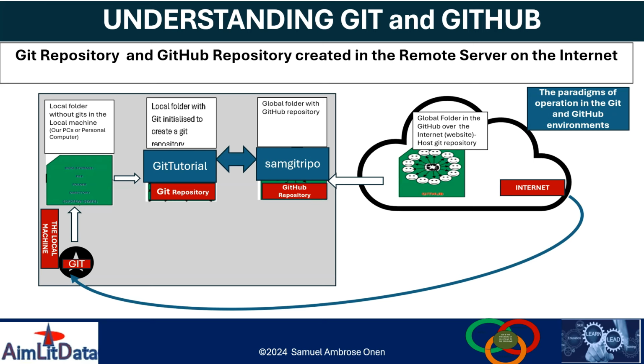So if you need to have GitHub repository on your local machine, you need to clone it or link to it via the link which is normally given from the GitHub. So I use that link to link my local Git repository to the GitHub repository, and I did clone a copy of the GitHub repository on my local machine as well.